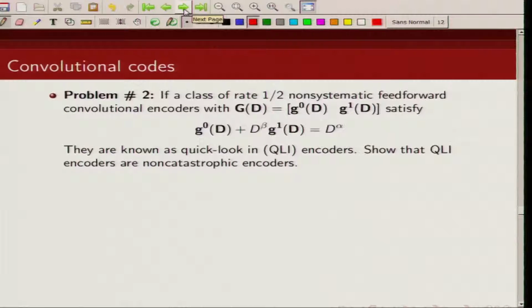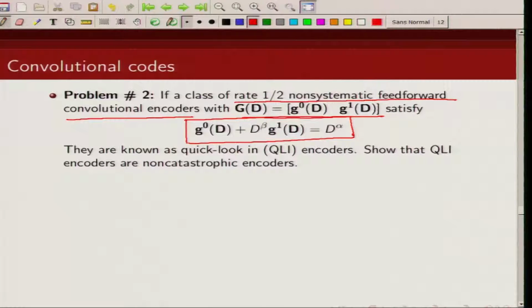Next, we look at a class of rate 1/2 non-systematic encoders. So, we are looking at rate 1/2 non-systematic feed forward encoders, whose generator matrix is given by this, and these generators G0 of D and G1 of D satisfy this property.